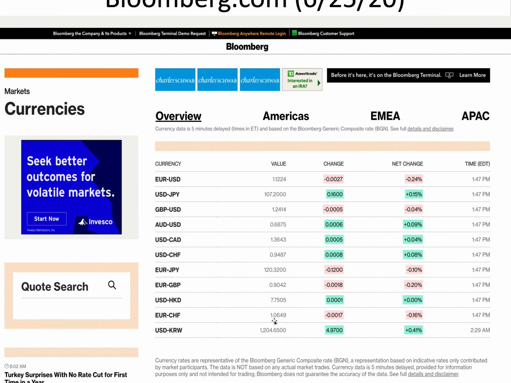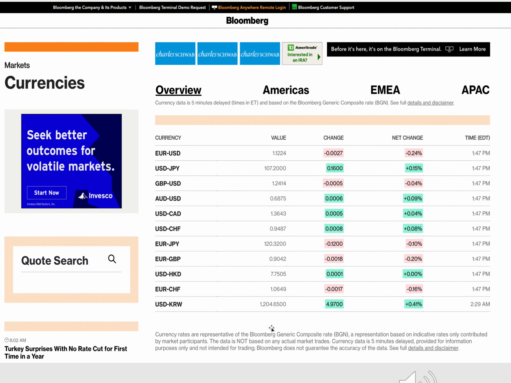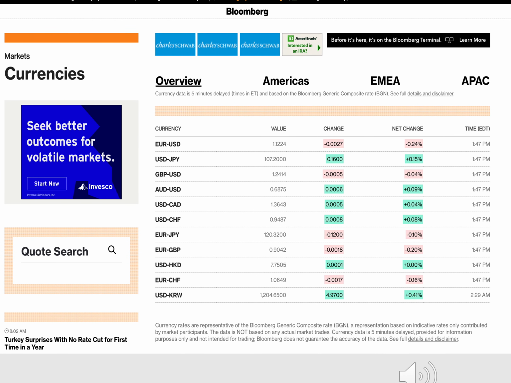So 1.06 Swiss franc equals 1 euro. The last one, KRW, is Korean won. Korea, part of the Asian economy, is pretty strong in electronics. Look at that, 1204.65. Is it US dollar per one or one per US dollar? Obviously, it is indirect quote. If that number is huge, usually it's indirect quote. As a matter of fact, the majority are indirect quote.